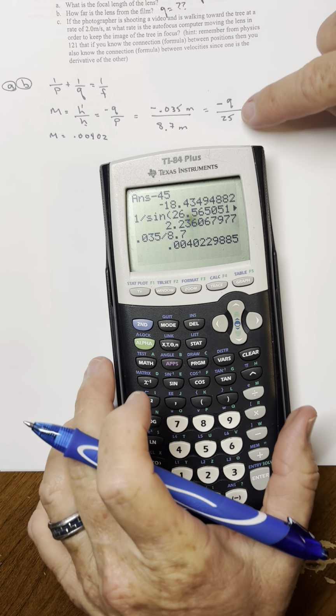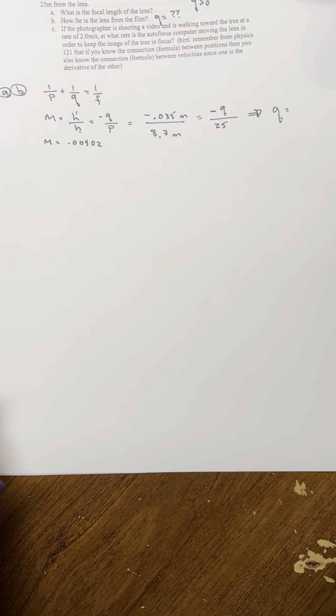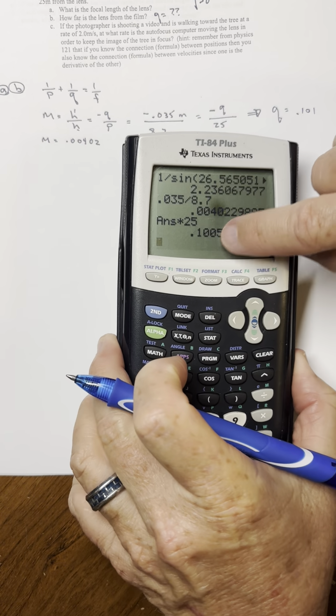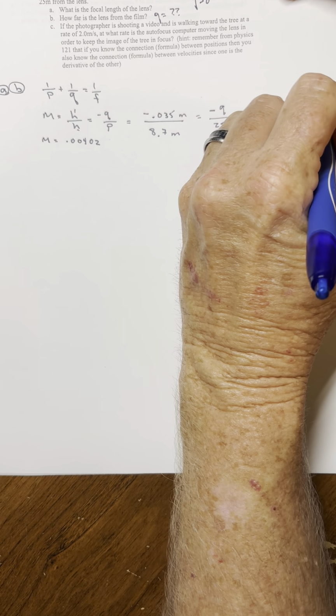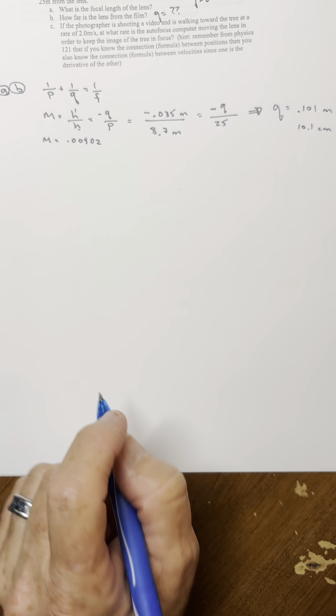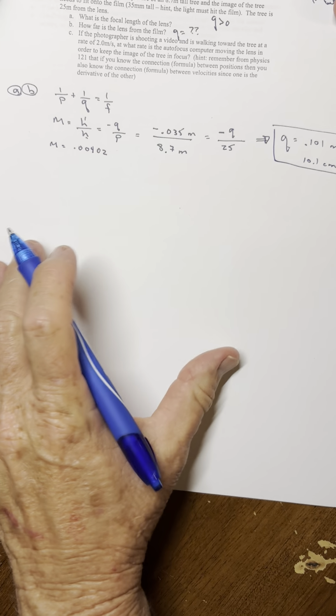Okay. Then I will multiply that by 25, and it looks like I have 0.101 when it rounds up, meters, or if you like, 10.1 centimeters. So there's my Q value.